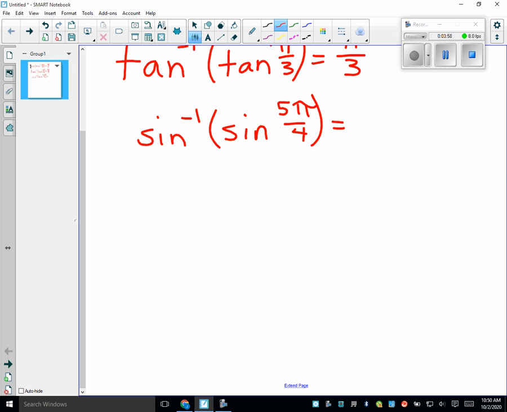Okay, this is my last part of the problem, isn't it? When I do inverse, my answer is always an angle. All right? 5 pi over 4 is not a quadrant 1 step. That's 1 1/4 pi. That's way too big. What quadrant is that in? 3.